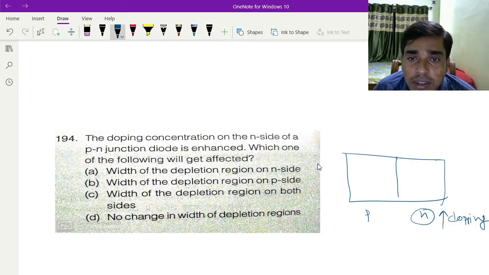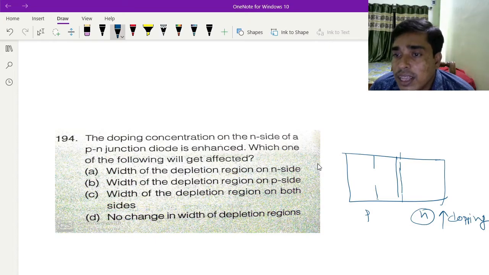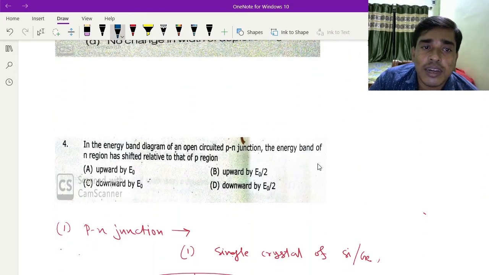If the N side doping is increasing, that means the length of the depletion layer will decrease. So the width of the depletion region will be affected. So this will be affected. Okay. So this is the answer.